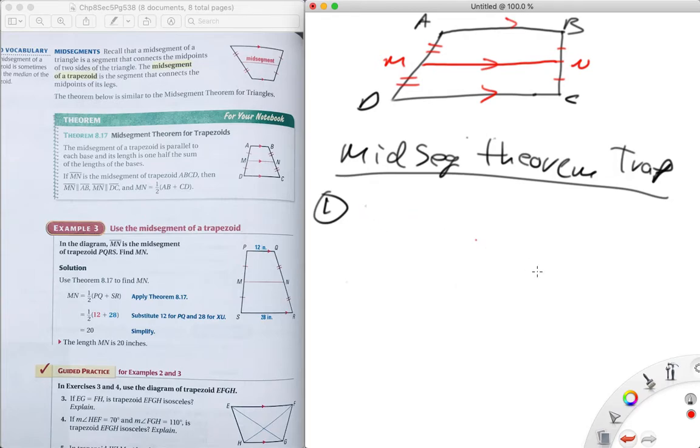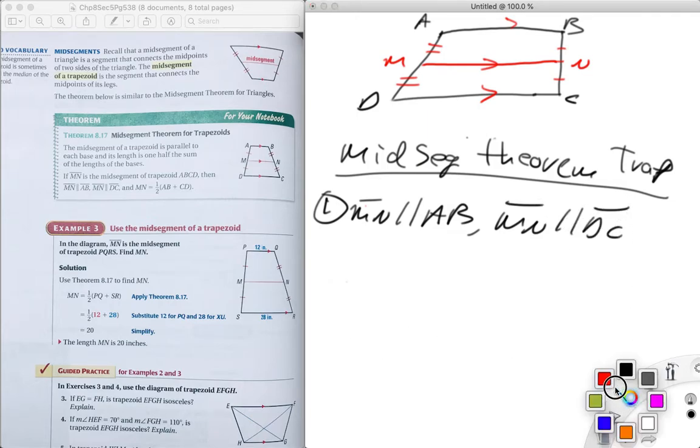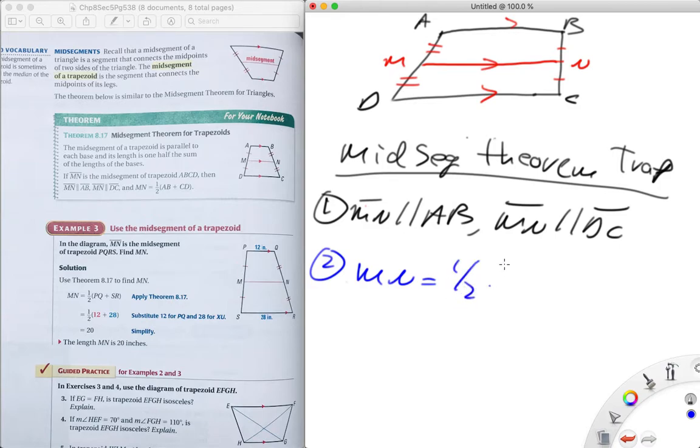So MN is parallel to AB, and MN is parallel to DC. Number two, the mid-segment is equal to half of the sum of the bases. So MN is equal to AB plus DC divided by 2.